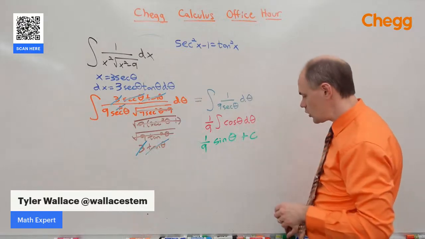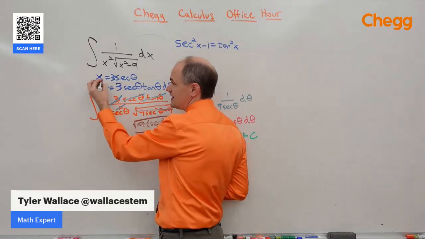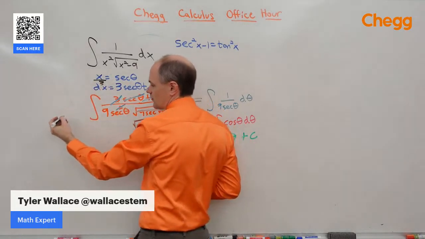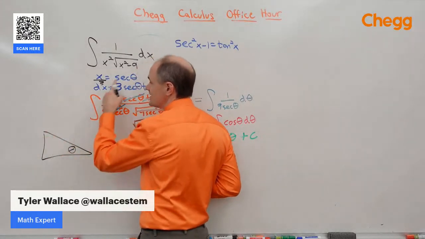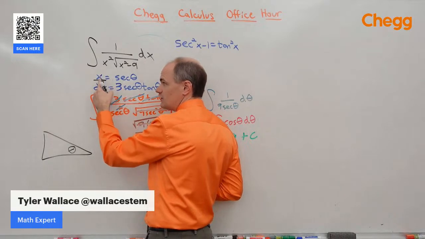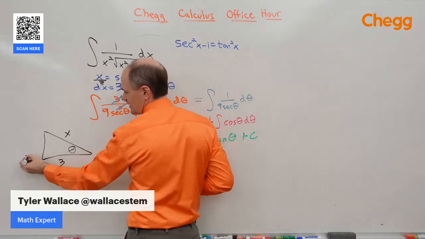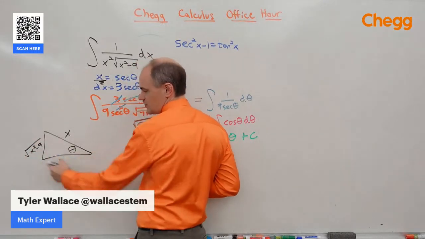Let's then go back to the original problem where we said x is 3 secant. Divide both sides by 3, so we know secant is x over 3. We're going to use that to draw a triangle. Secant is the hypotenuse over the adjacent, which means the opposite side is the square root of x squared minus 9 using the Pythagorean theorem.